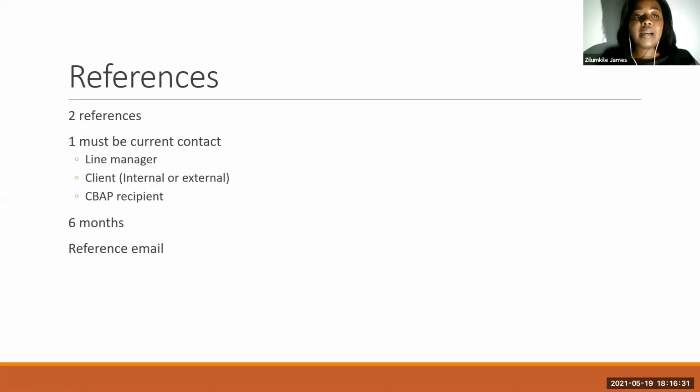It is important that these references are people that you are in communication with, and that they are aware of the fact that you'll be using them as a reference. It's important that you explain to them what the CBAP journey is, what it is that you'll be doing, and what the reference is for, and make them aware that they'll be receiving an email from the IABA, for which they'll have to answer a couple of questions.